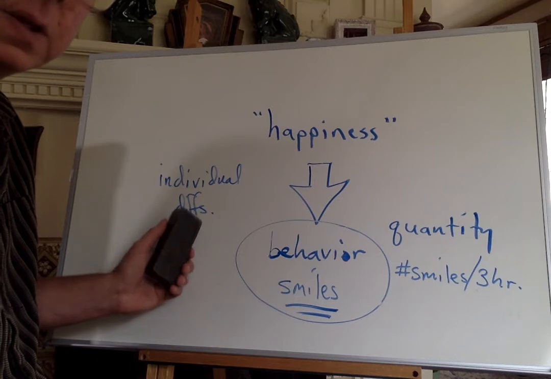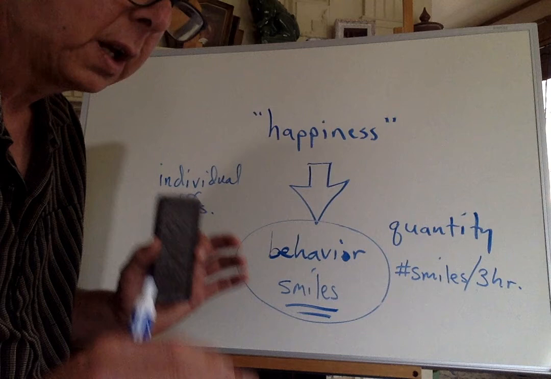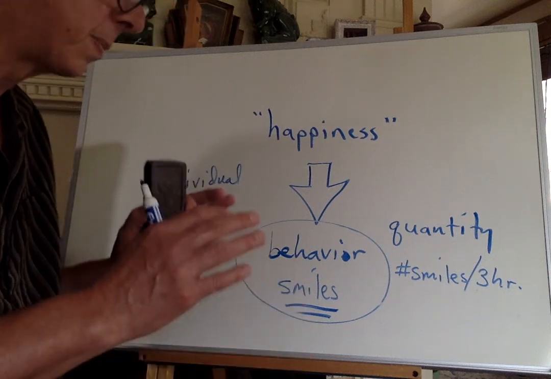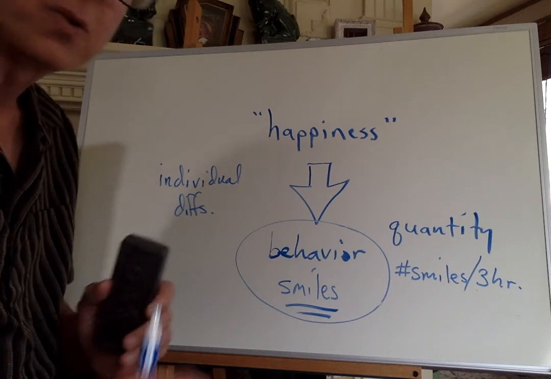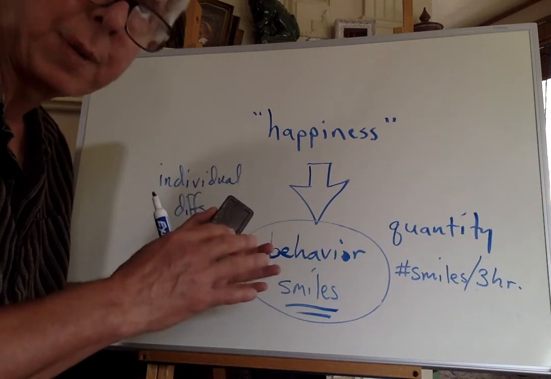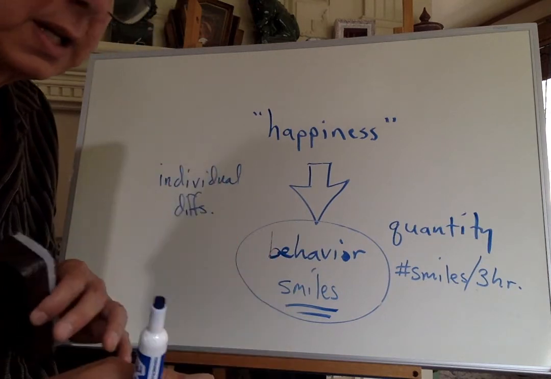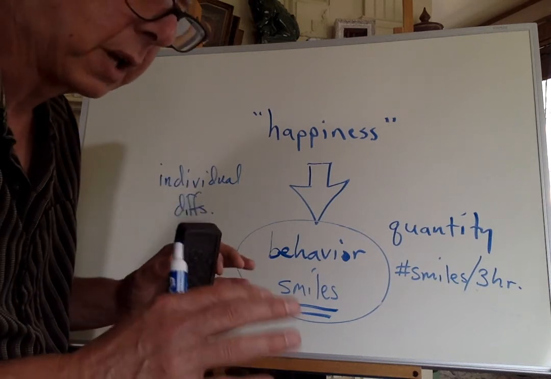Okay? I'm going to give you a little bit of a preview. Again, this problem of somebody that smiles when they're not happy, or someone who doesn't smile when they're happy, or smiles when they're unhappy. This is individual differences. We have to pay attention to this, okay?